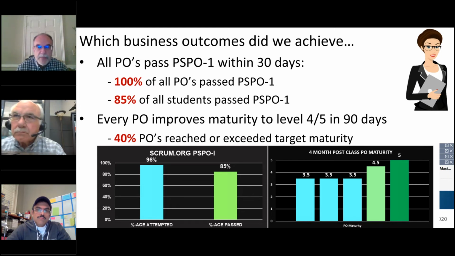So we had a lot of POs who were in the learning level, or some of the better POs were getting into the practicing level, but we had no POs at the point of teaching, and really no POs who had mastered the information in the product owner playbook.